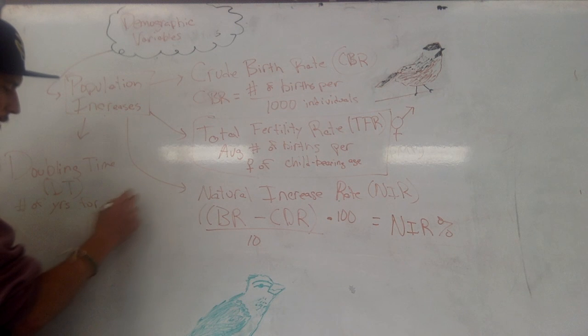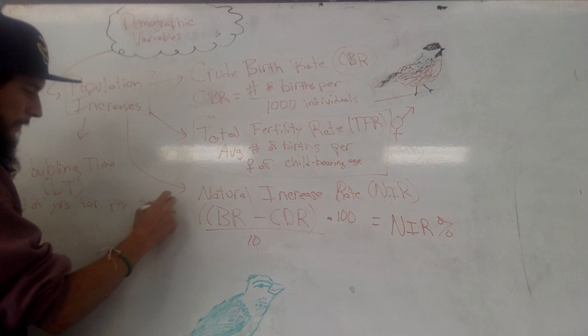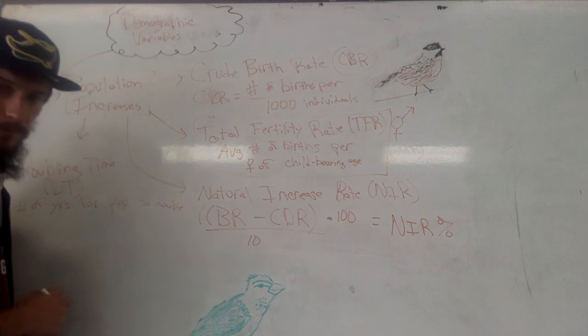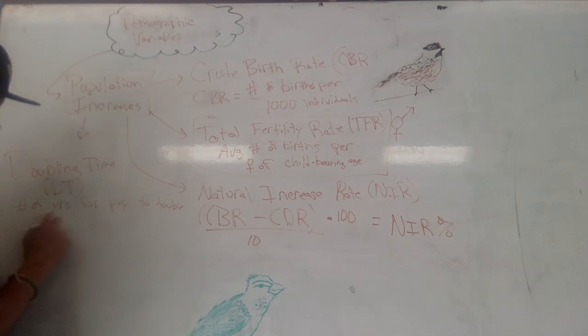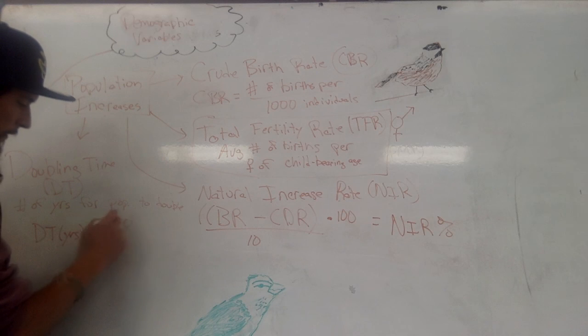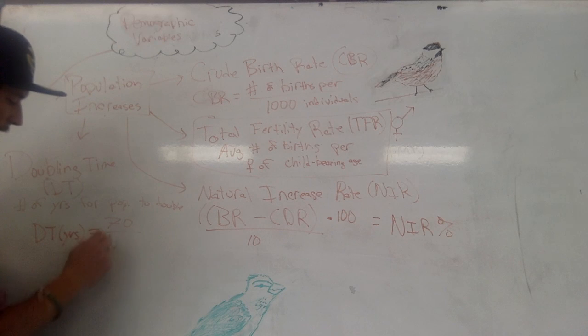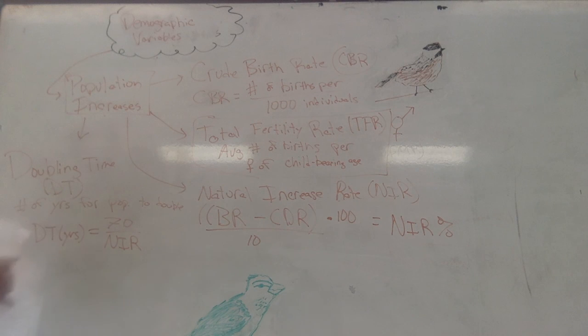To calculate doubling time in years, you'll do 70 divided by the natural increase rate. 70 over NIR. And that will give you the doubling time of your population.